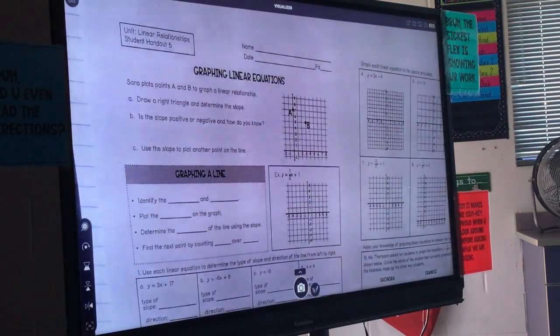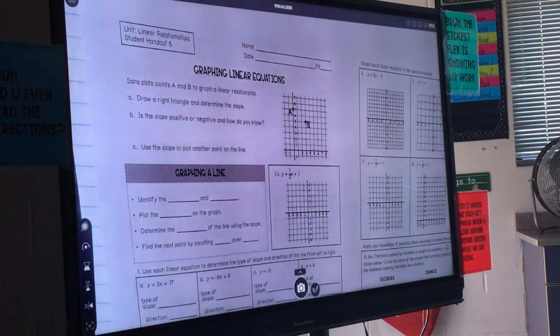Did we get our homework from yesterday back? Or the day before yesterday? This paper? Yeah, I have not graded it yet. Because I have about 40 seconds left.